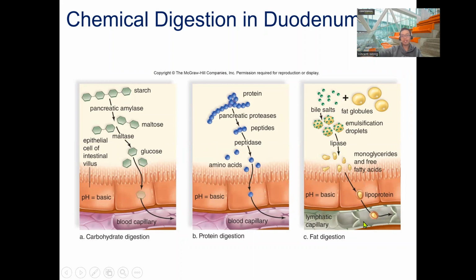Okay, and then the lymphatic system is going to take it to the liver, okay? And then the liver will combine them with these lipoproteins, okay, to make it more transportable in the blood. Remember we talked about like HDL and LDL, right? So that's what happens in the liver to help make the fat soluble.